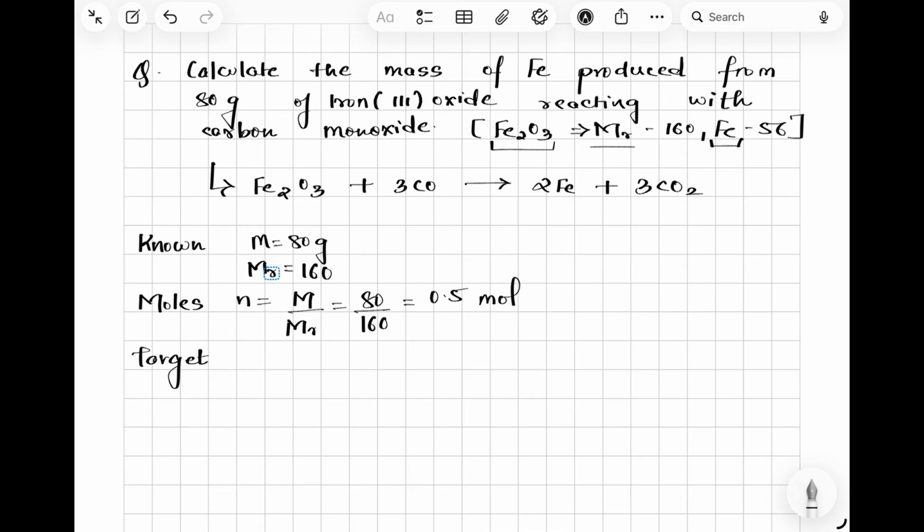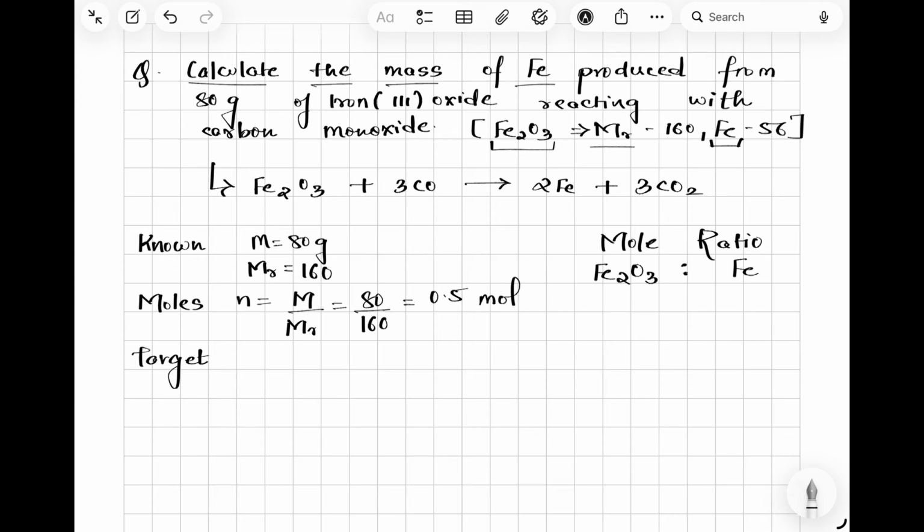They have asked you to calculate the mass of the Fe produced. Now, for such a question, we have to use the concept called mole ratio. We have found the mole for Fe2O3 and we have to find the mass for Fe.